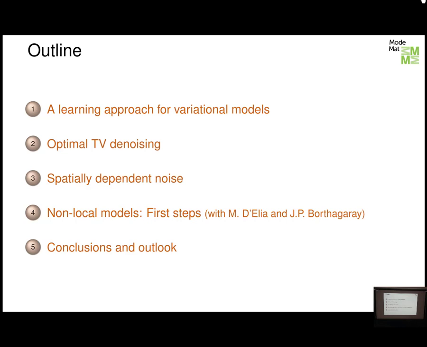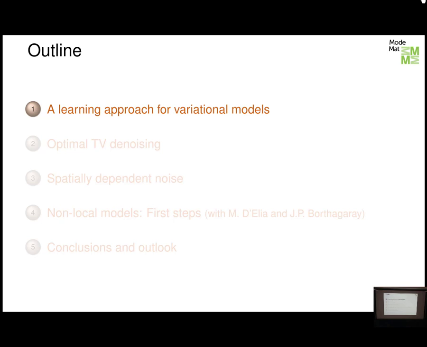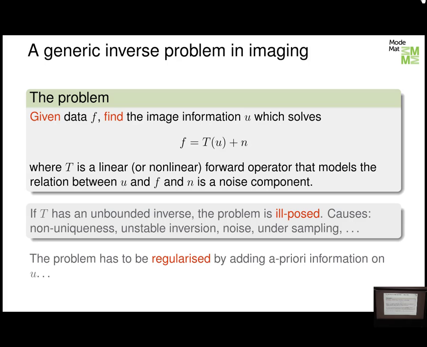And finally, in the fourth part of the talk, I will explain a little bit of an ongoing work, which is joint work with Marta Delia and Juan Pablo Bortagaray, which is about the non-local models that we are interested in.